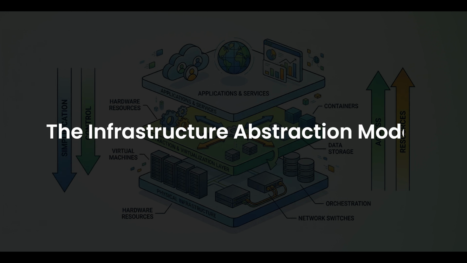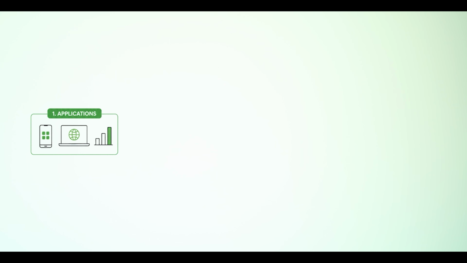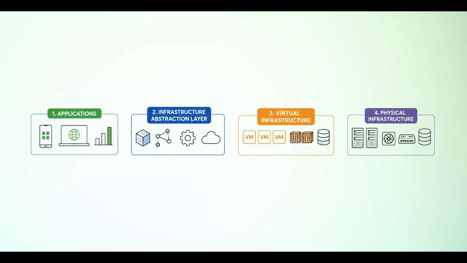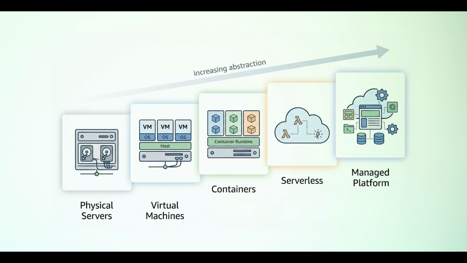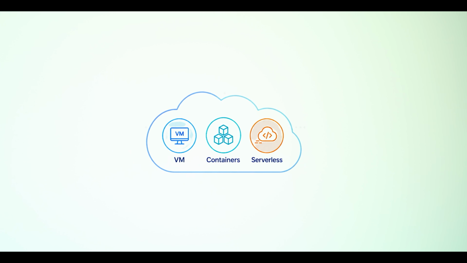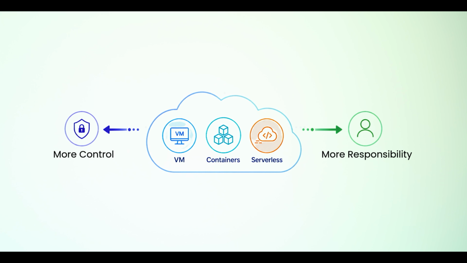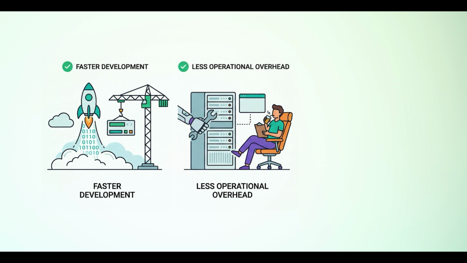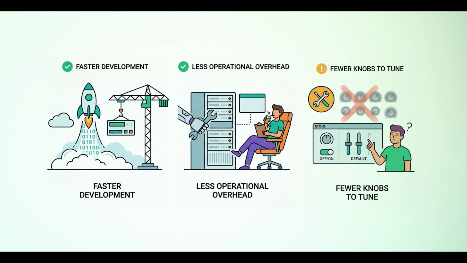The infrastructure abstraction model. These are not competing technologies. They are layers of abstraction. As you move from physical servers to managed platforms, you move across increasing layers of abstraction. As you move to the right, you give up control. But you also give up responsibility. More abstraction means faster development, less operational overhead, but fewer knobs to tune.